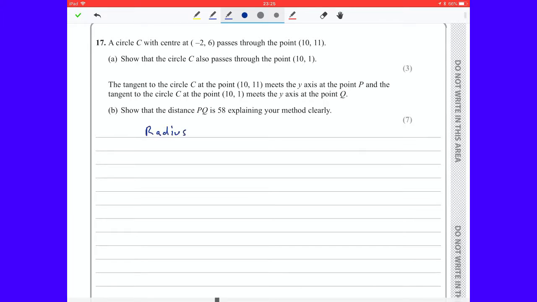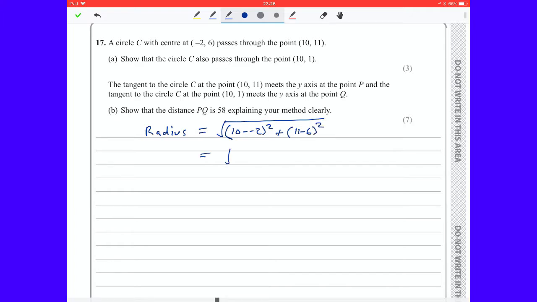And the radius is the distance between the points -2, 6 and 10, 11. And it's given by the square root of the difference in the x-coordinate squared, that's 10 minus -2 squared, plus the difference between the y-coordinate squared, 11 minus 6 squared.